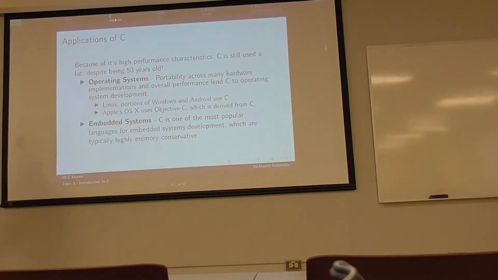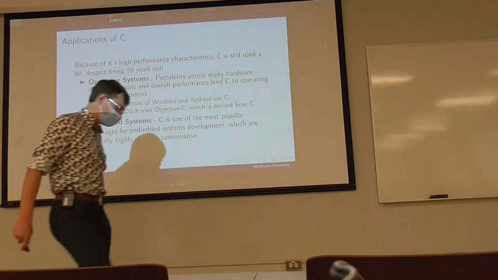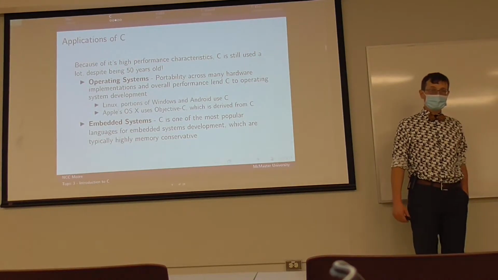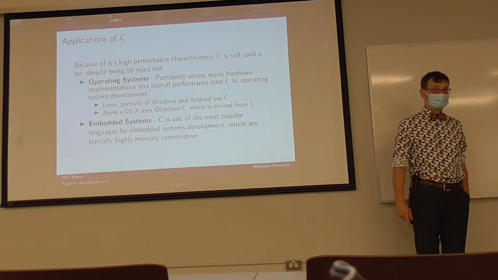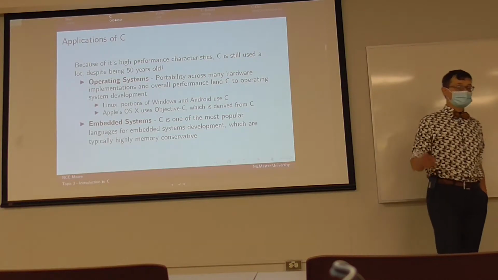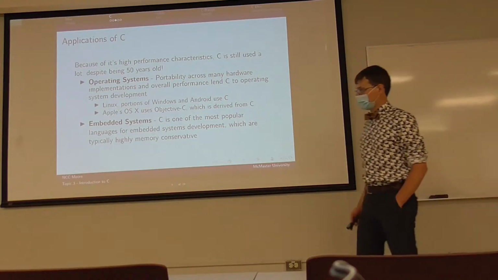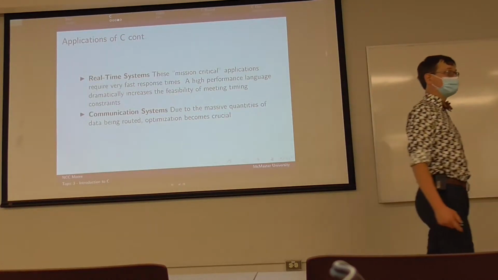Linux, portions of Windows and Android use C. Apple's OS X uses what's called Objective-C, which is derived from C. Basically, if you've programmed in an imperative language, that imperative language is most likely C-derived, as we're going to see in a bit. C is also one of the most popular languages for embedded systems development, which typically are highly memory conservative.